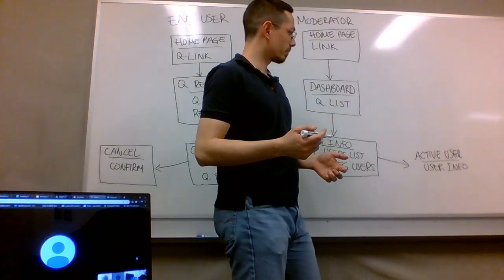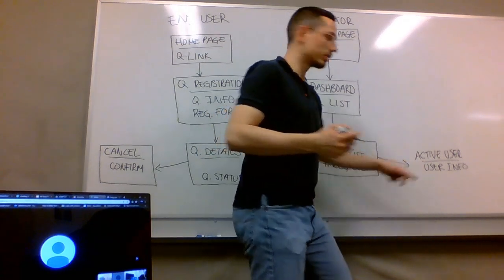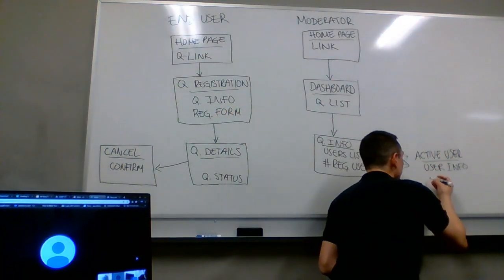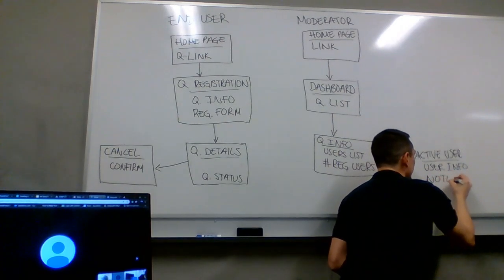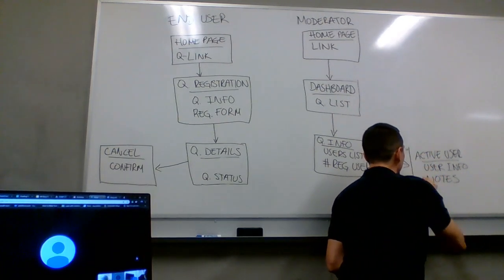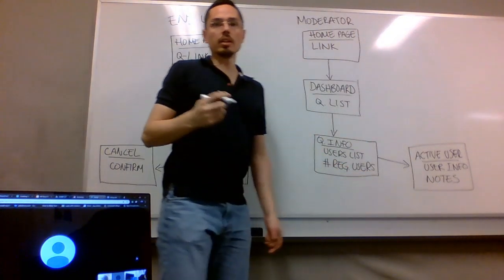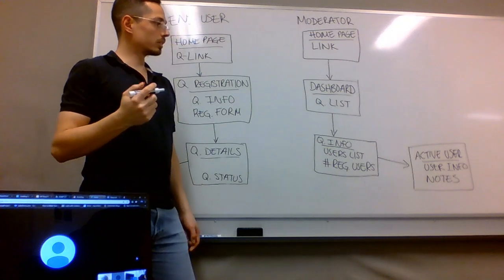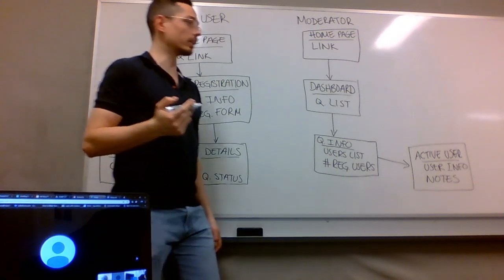Yeah, so the moderator should have an open text area to fill in details. Right, so, notes. And from there, the moderator will be able to finish or close the ticket.